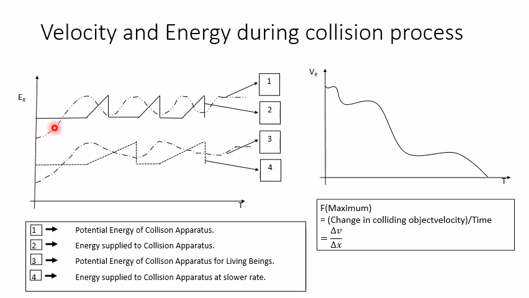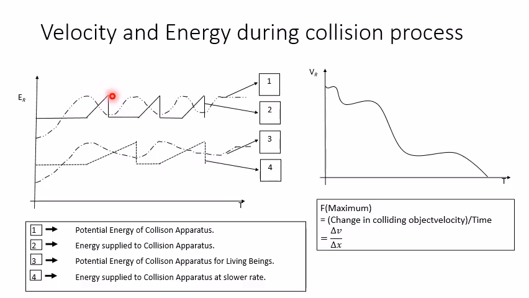The collision apparatus system accumulates energy and dissipates energy, accumulates energy, dissipates energy, accumulates energy, dissipates energy. And as the collision apparatus dissipates energy, it has to be restored to its original form. So energy is given into the collision apparatus.